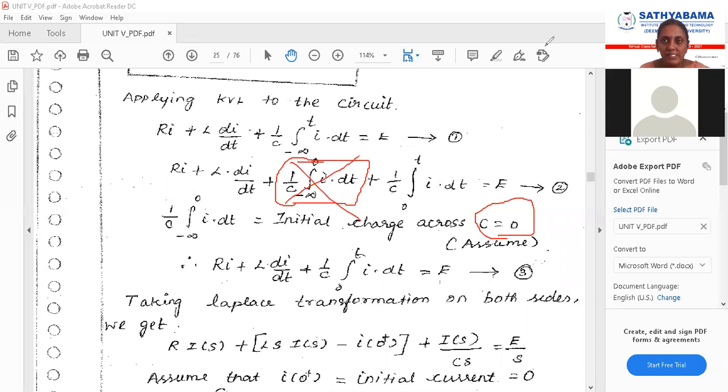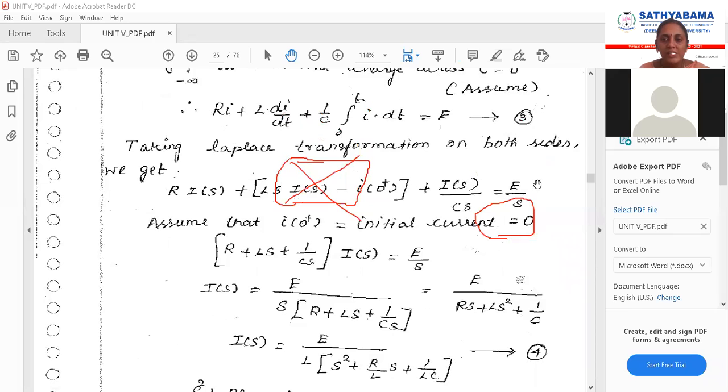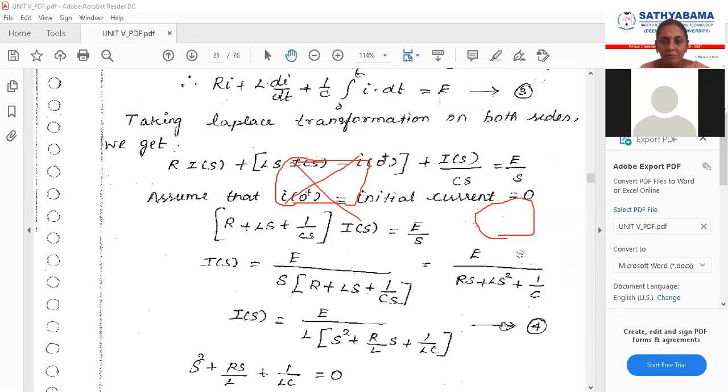Now taking the Laplace, the inductance will have an initial condition. For this equation, I'm going to take a Laplace. For Ri, it will be R into I of s.